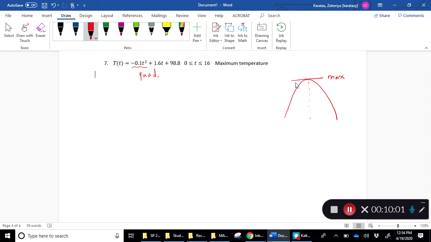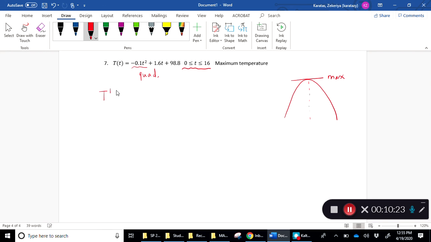It's really that simple. It starts at 0 and goes up to 16, so it lasts 16 days. But the problem asks us to find the maximum temperature of this person through this period. So it's straightforward. You're looking at the relative max. It's a beautiful problem of applications of relative extrema.